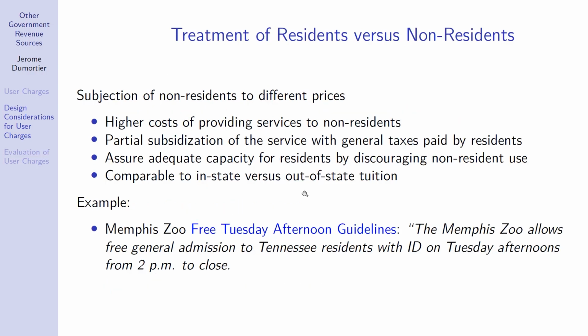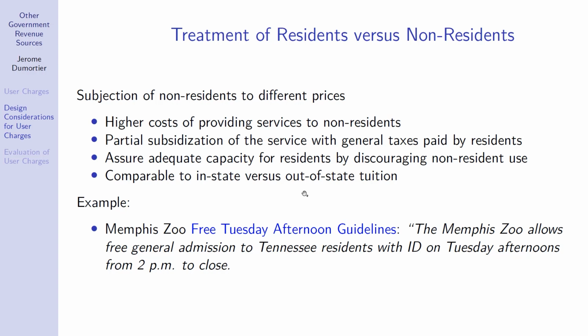There's also the consideration of how you treat residents and non-residents, because the issue is that if the public good is partially subsidized by taxpayers or by tax revenue, that means that non-residents already paid for part of the service provision of the public good, or the good provided by the public. This is similar to why you would have, for example, in-state versus out-of-state tuition for most universities, since the taxpayers that reside within the state have already contributed to the university.